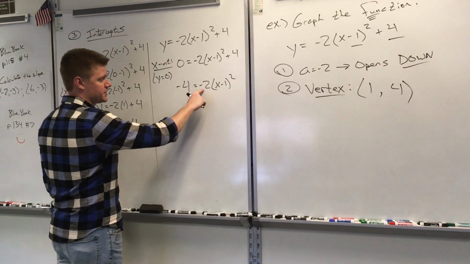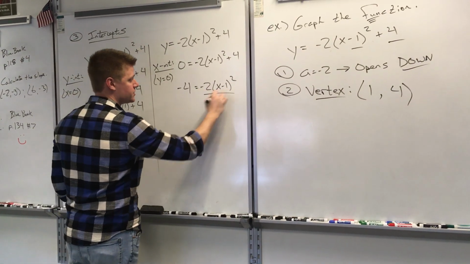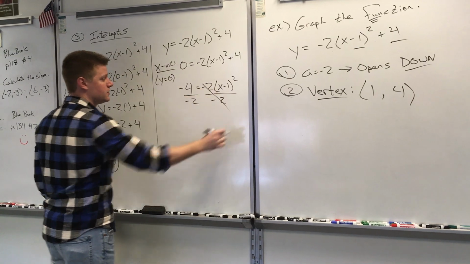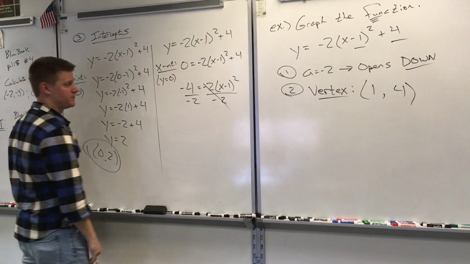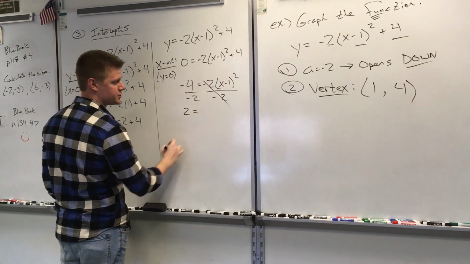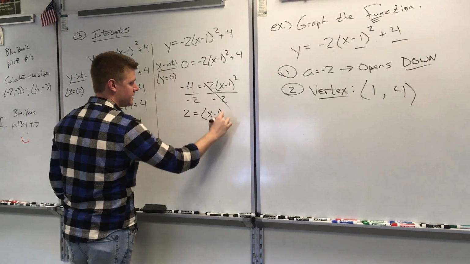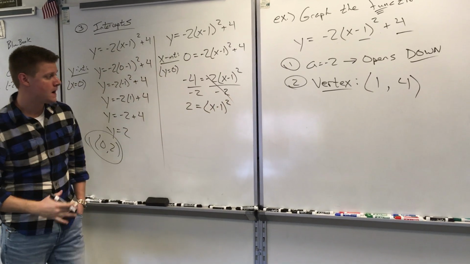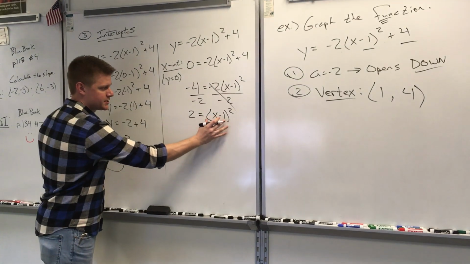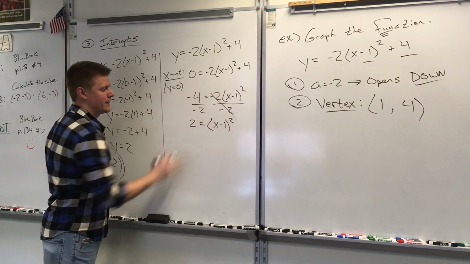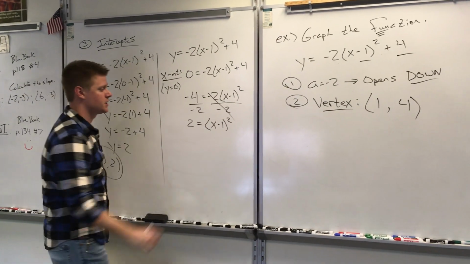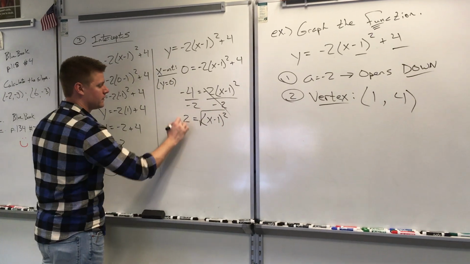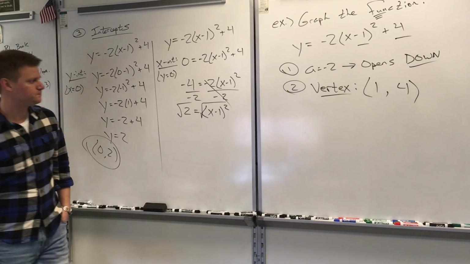Next, again, just think about what's holding x back. One of those things is this multiplication by negative 2. So what I can do is divide by negative 2 on both sides. Negative 4 divided by negative 2 is 2. You can see how we're getting simpler here. Again, I now have x. It's paired with a negative 1, but right now it's being squared. So the inverse of squaring is to take a square root.